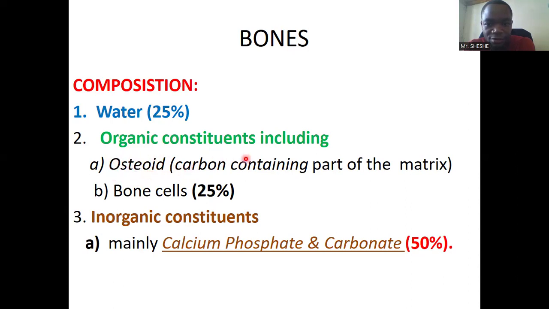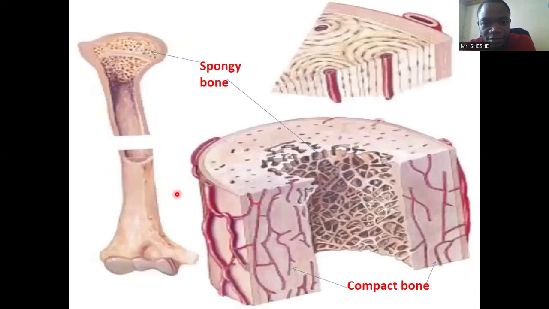This matter is composed of organic matter, mainly carbon, right? Now, that begins to form a bond. Because it will harden at some point when osteoid mixes with calcium carbonate and calcium phosphate, then the osteoid hardens, and then we have now these strong bones that we have in the body.